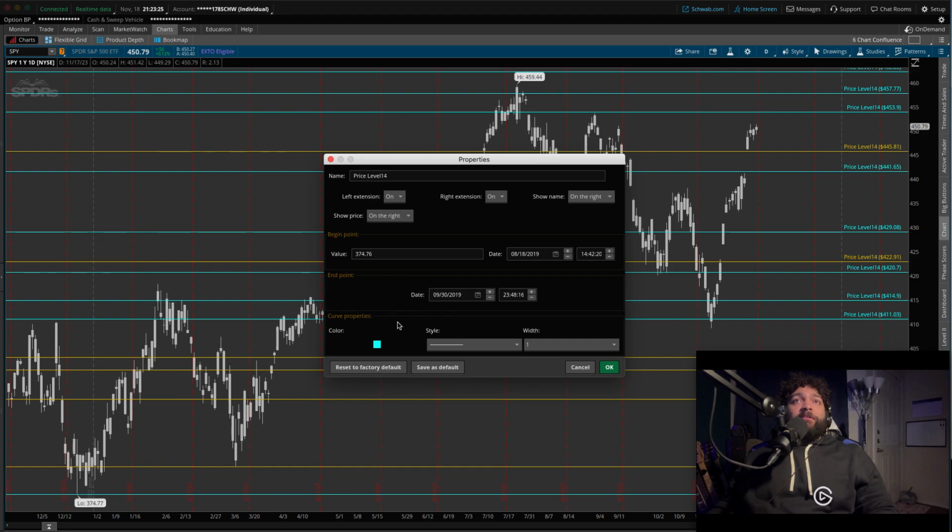We're going to change the color of this. Again, if you need to make a color chart so you remember what every level is, you can do that. What I did is I changed this right here. I would put, so for this, I would say daily level, and it'll show the name on the right and show the price.